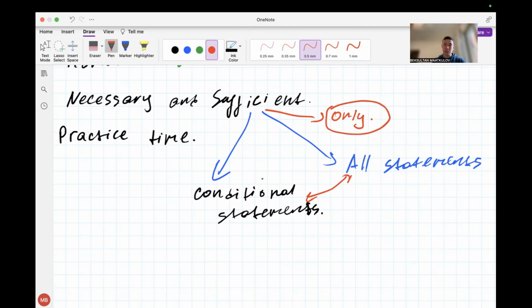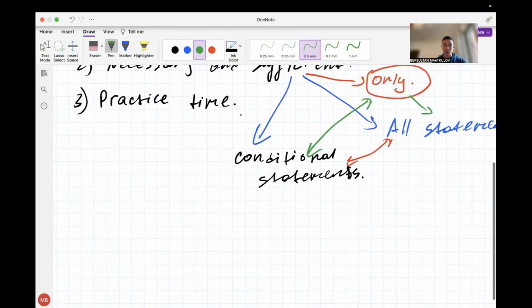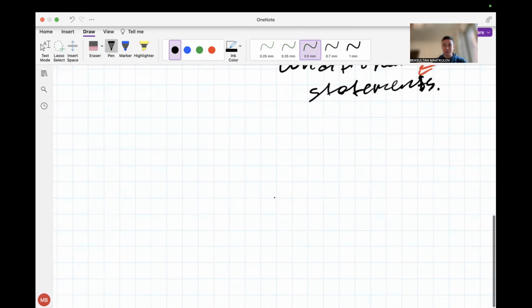And only statements are actually also related to conditional statements. If they are related to conditional statements, they are also related to or statements. So all of these are kind of a net of relationships. And we'll start with necessary conditions.